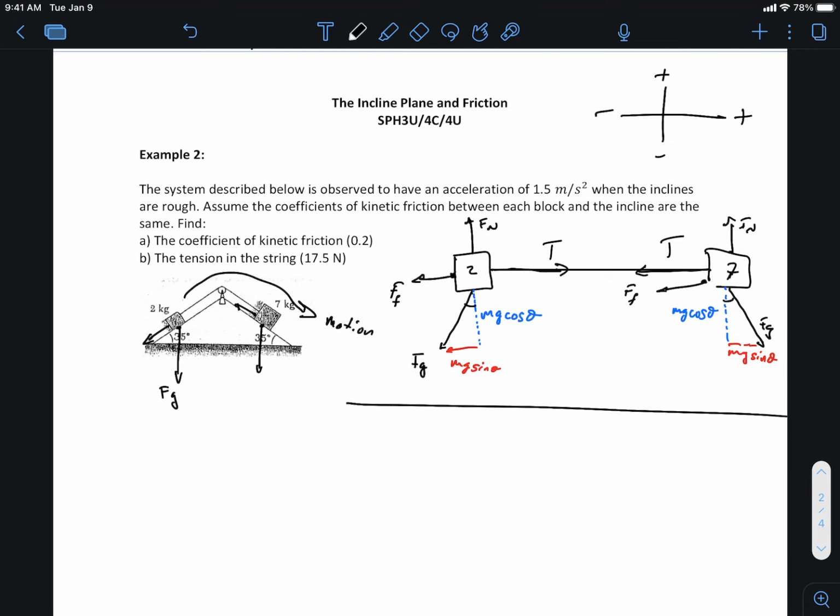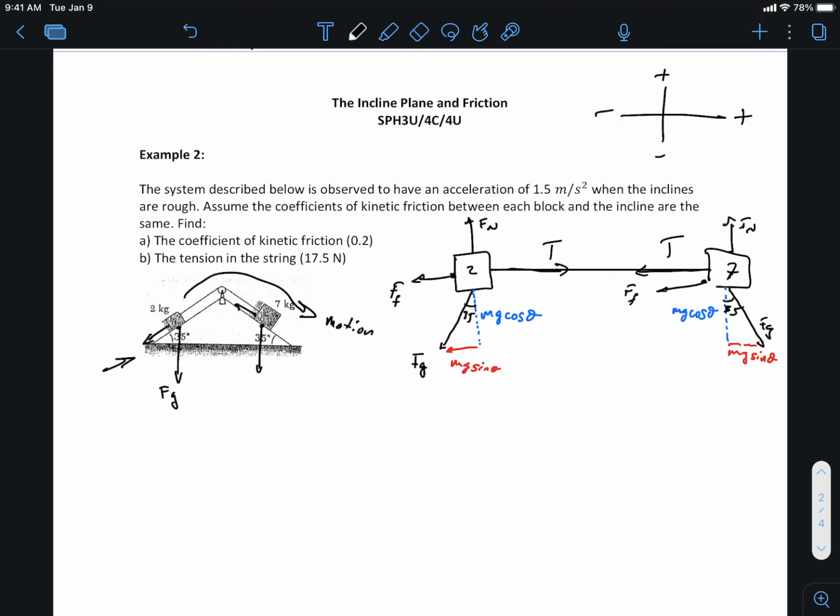What I've done is I've tried to take this question and just get rid of the fact that it's on an incline, but still applying the rules as if it's still an incline. It's just for solving purposes and visualization. The angle's still there.